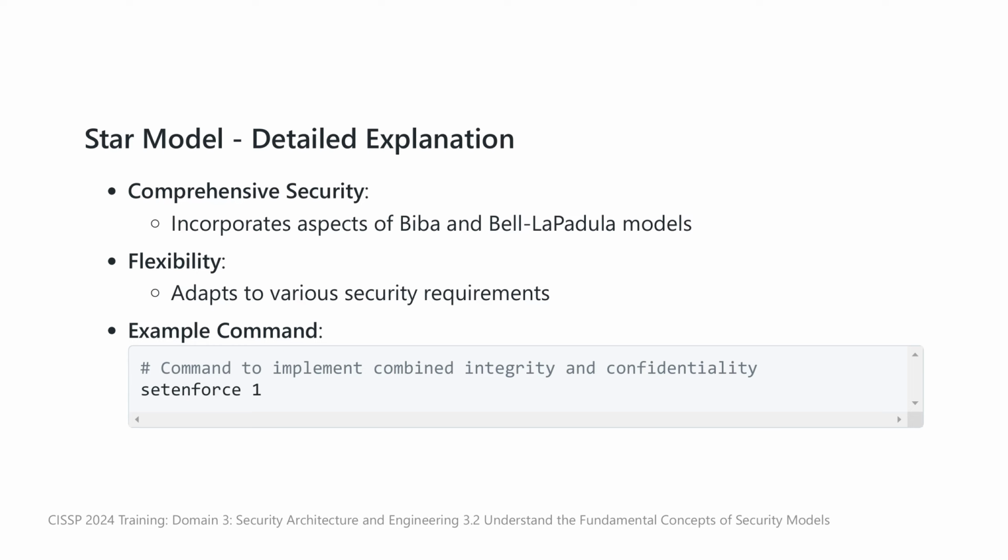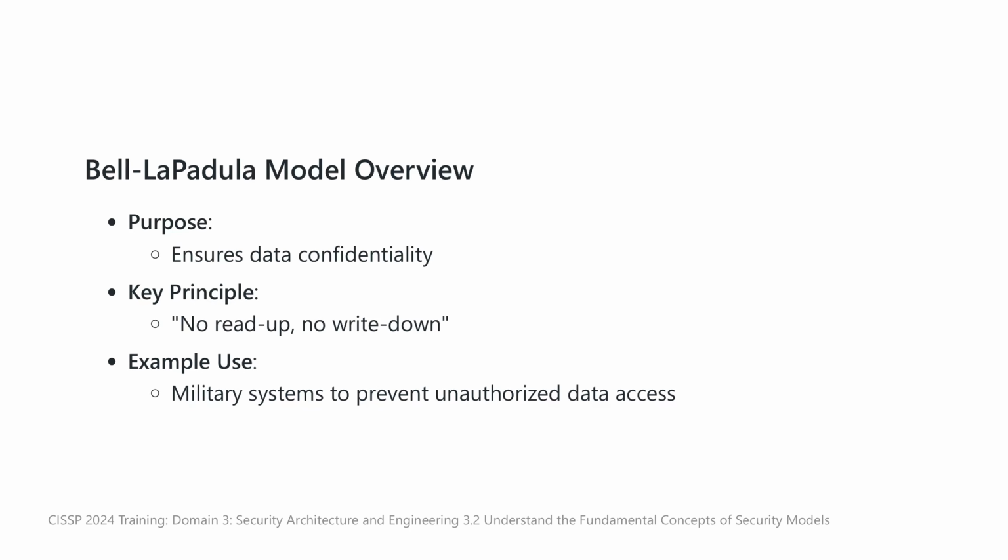The Bell-LaPadula model is a cornerstone in the realm of security models, primarily designed to ensure data confidentiality. The key principle underpinning this model is succinctly captured by the phrase, "No read up, no write down." This means that subjects at a lower security level cannot read data at a higher level, no read up, and subjects at a higher security level cannot write data to a lower level, no write down.